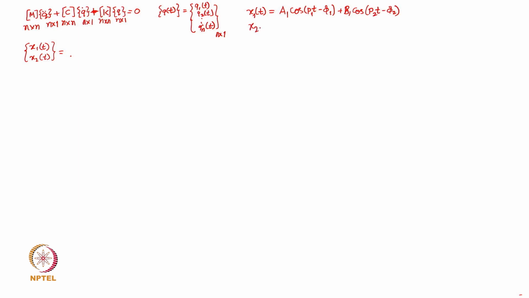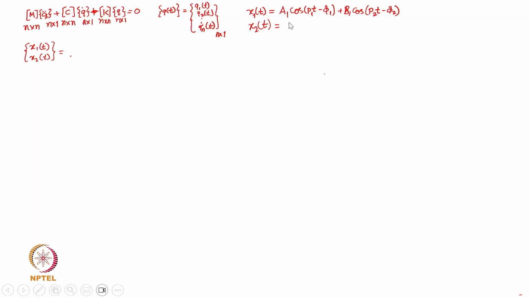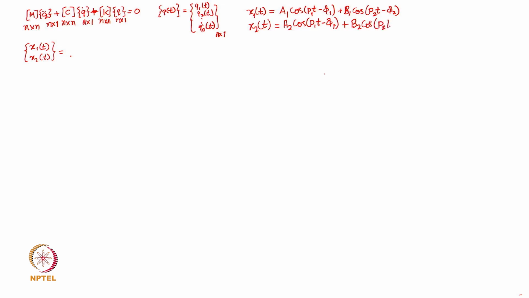And on similar lines, the mass 2 moves and its general vibratory response was given by a2 cos(p1t). Again, the mass 2 also moves with a contribution coming from both the natural modes. So, p2 is the natural frequency in the second mode, p1 is the natural frequency in the first mode.